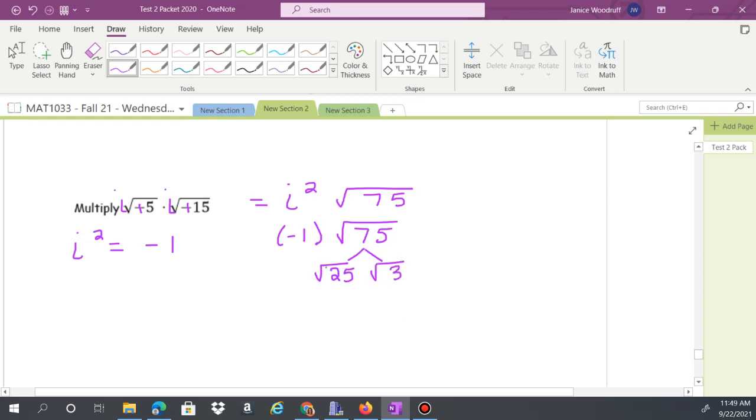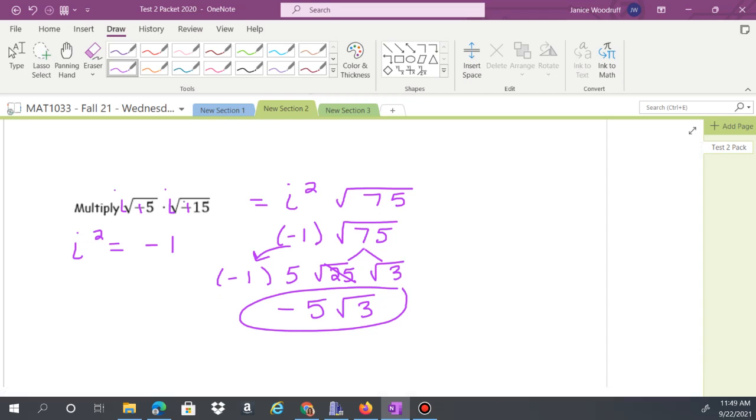Square root of 25 is 5. Bring down the -1. -1 times 5, -5 root 3. If I would have gone straight to multiplying first, I would have gotten +5 root 3. So I want to make sure that I do the i first so I get the correct answer.